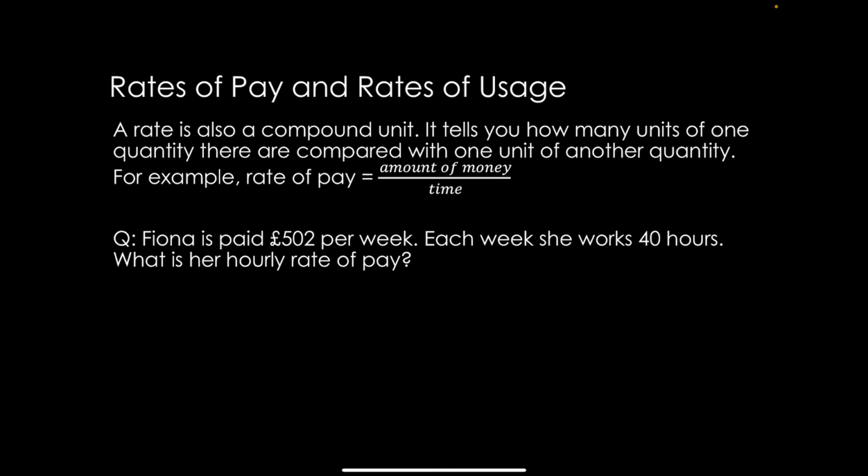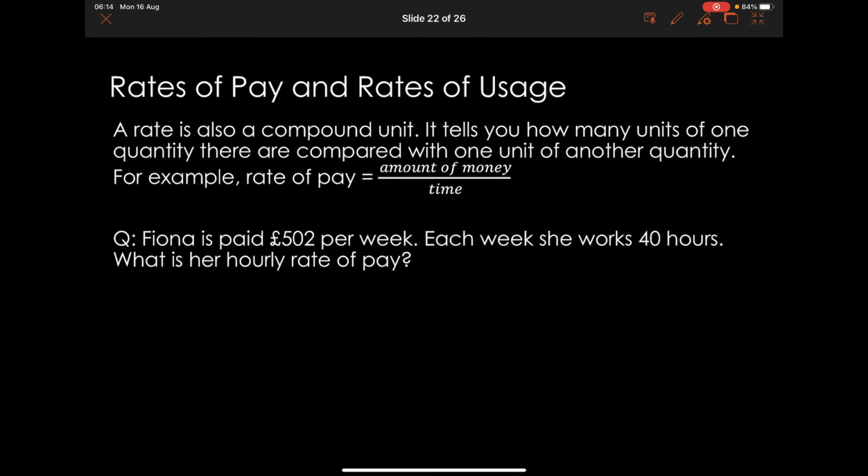Pause the video and have a quick go, and then press play for the answer. Okay, if you've had a go at that, it's not too difficult a question because it's telling you what you need to do anyway. And if you've got a job, you'll be able to work out your hourly pay.